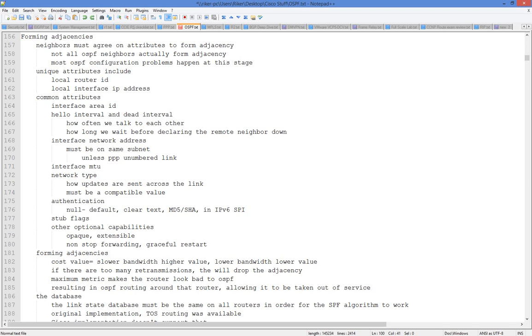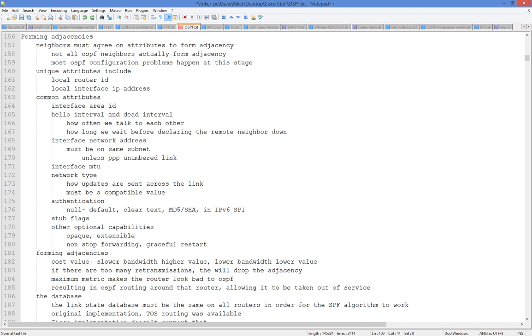Interface network address: you must be on the same subnet unless you're dealing with a PPP unnumbered link, and I don't recommend you do that. I've never had good luck with that, and I think it's just a lack of support with GNS3. The interface MTU is going to need to match, but that technically doesn't have to be set up correctly.